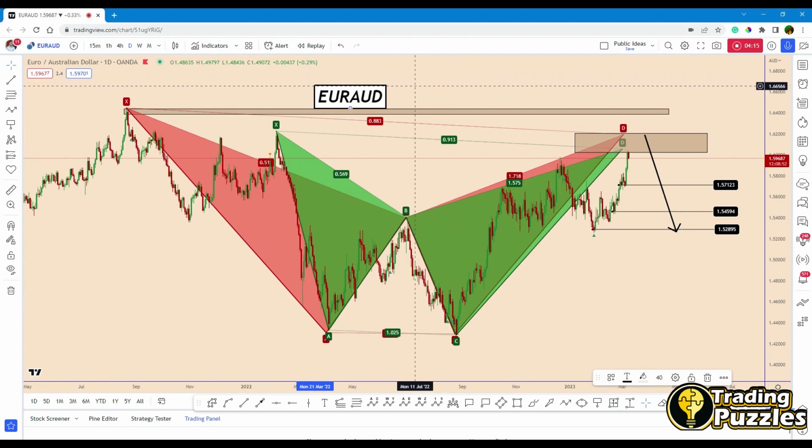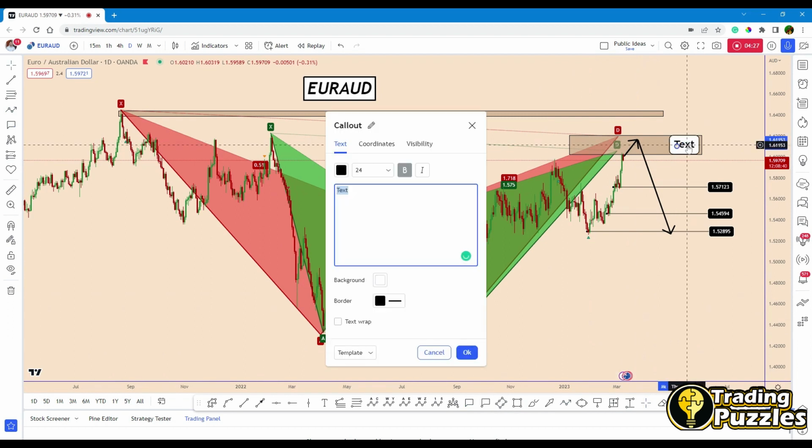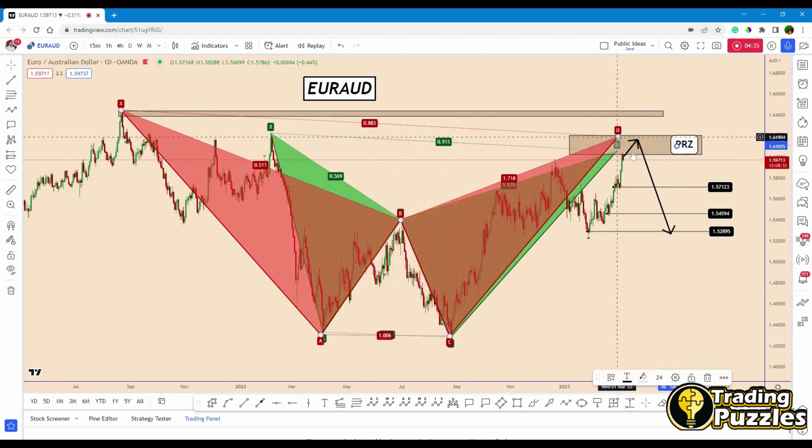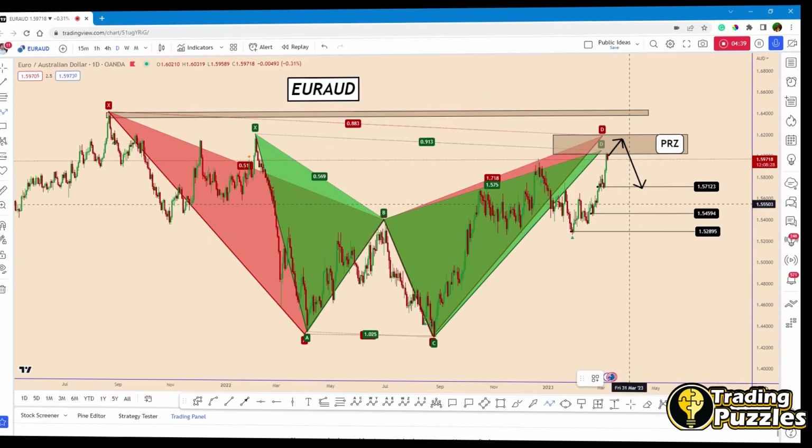Let's see what will happen, but this is the final scenario that I'm looking at. This is the potential reversal zone, and the chances are very high that we may see price create a correction from this point. So let's see what is going to happen.